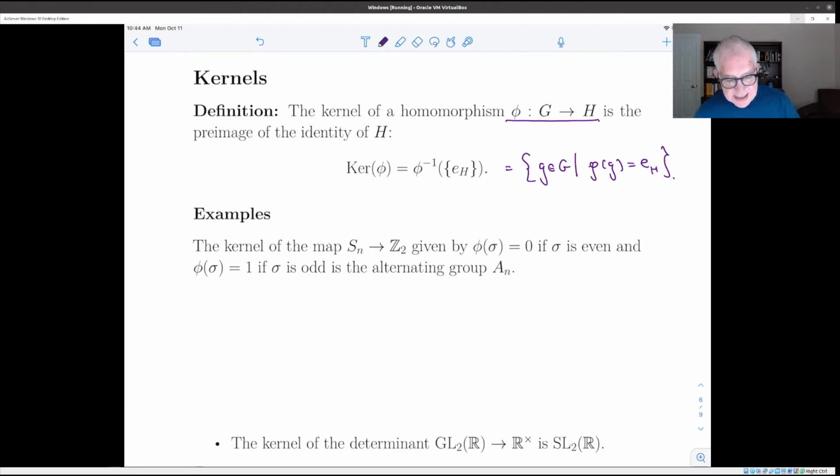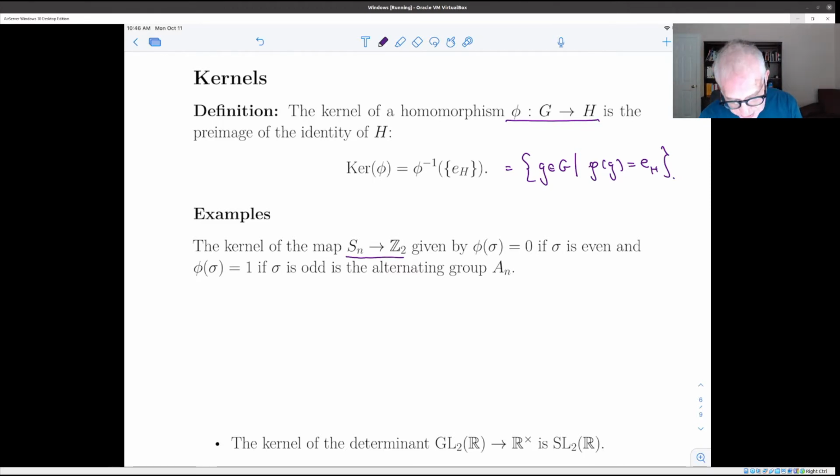Let's go back to the homomorphisms that I used as examples earlier on and see what the kernels might be in those cases. Remember, the first one I looked at was the map which takes a permutation in S_n to 0 or 1 in Z mod 2, depending on whether it's even or odd.